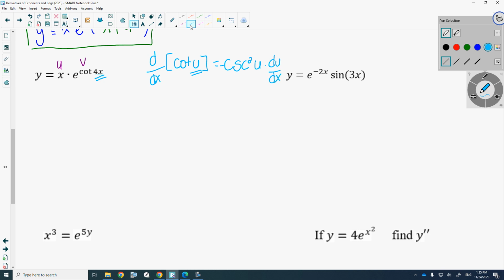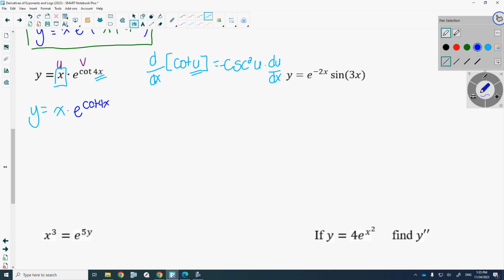Okay, so y prime is equal to u v prime. Let's think about what v prime is. E to the power of cotan 4x would be e to the power of cotan 4x. So the derivative of e to the x is e to the x, right?